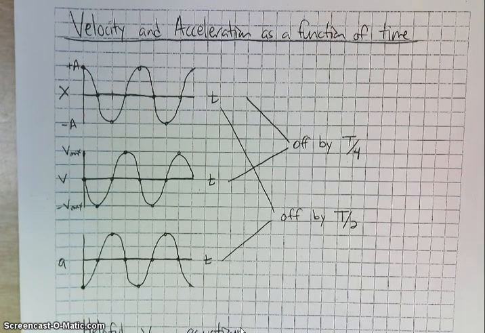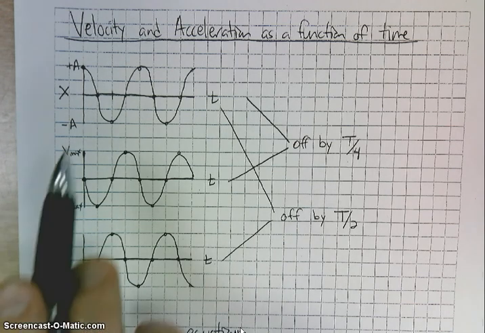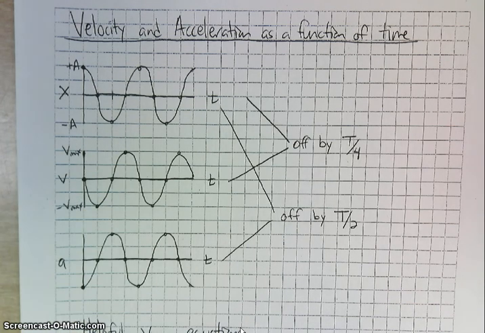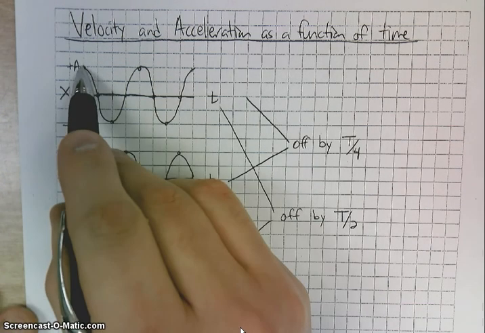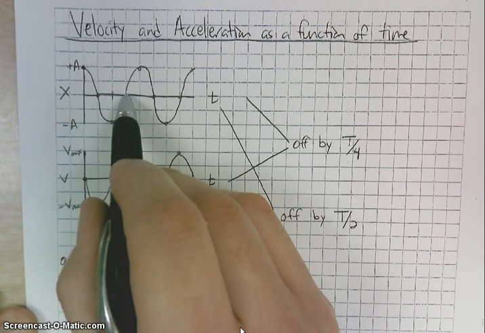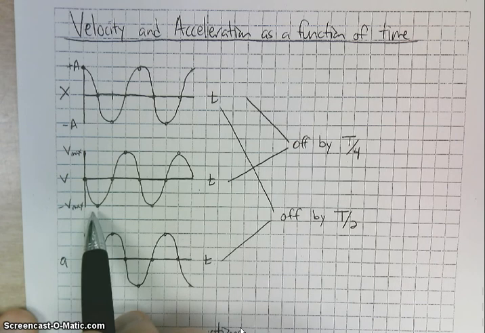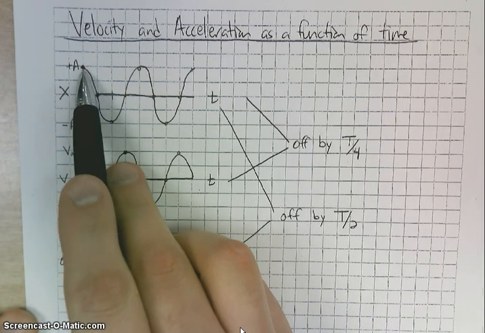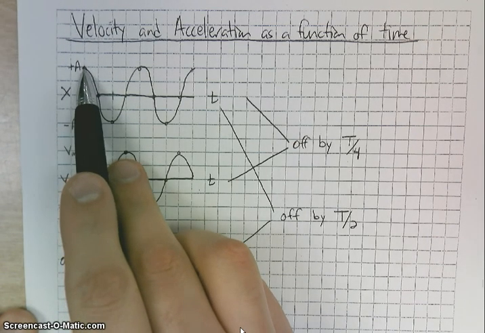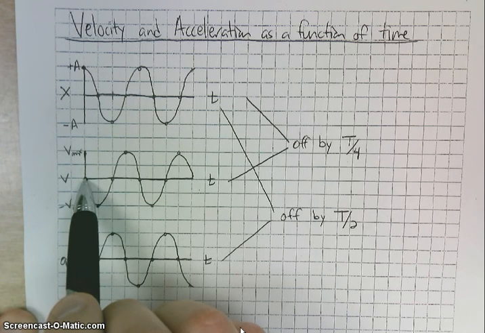If you look at these graphs, I've got a graph of position versus time. Now, we should know at this point that the slope of position versus time is the velocity. So if I take the slope values of all my position versus time points, up here it's 0, here it's negative, here it's 0, here it's positive, here it's 0, here it's negative, here it's positive, and I draw the velocity graph, you're going to see that when the position is at its max, velocity is 0.